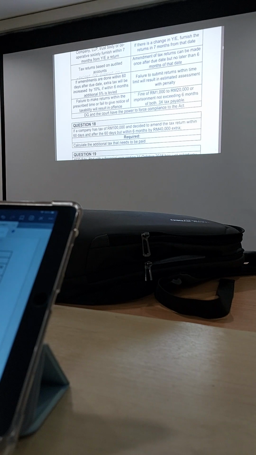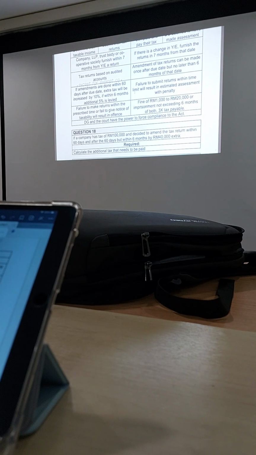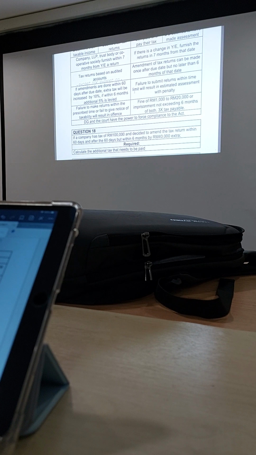Because CPA kan semua bawa, dia bagi knowledge equity kan. Cukup ke knowledge equity? Boleh lah tapi tak cukup.